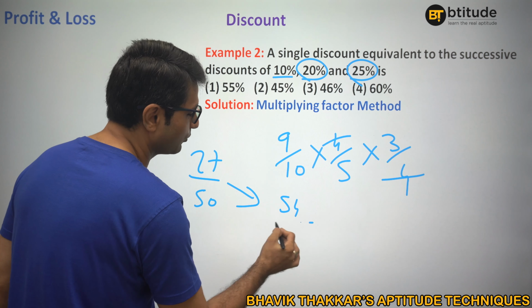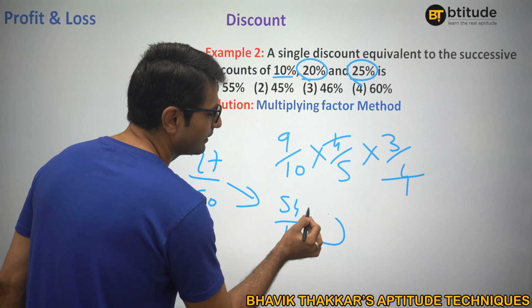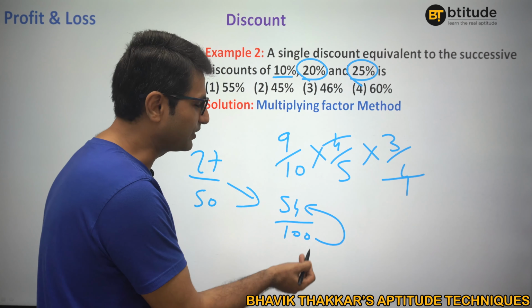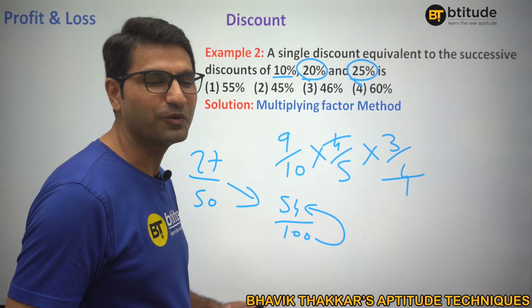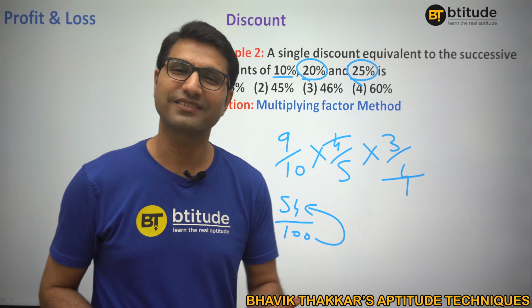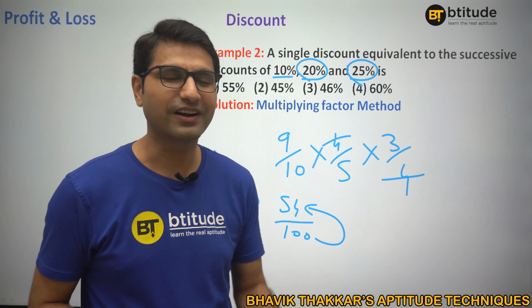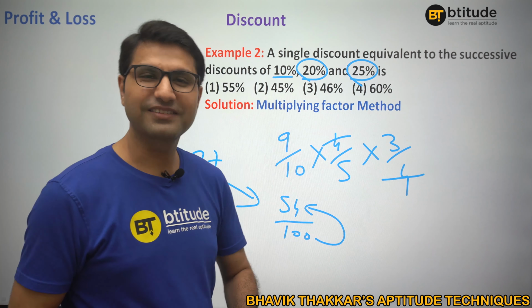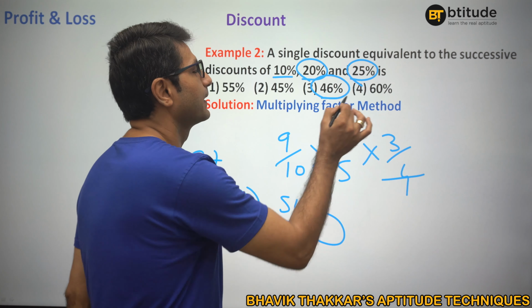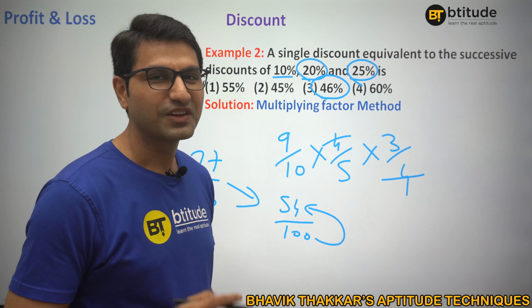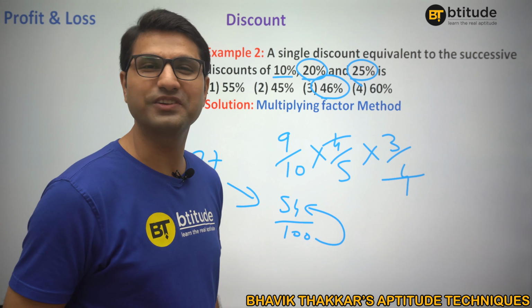So I can say 54 by 100. That means the thing that was 100 rupees worth is available at 54. What is the discount? 46%, right? 46 out of 100, that means 46%. The same answer that we got with the replica method. Fair enough? We should be comfortable with each of these methods.